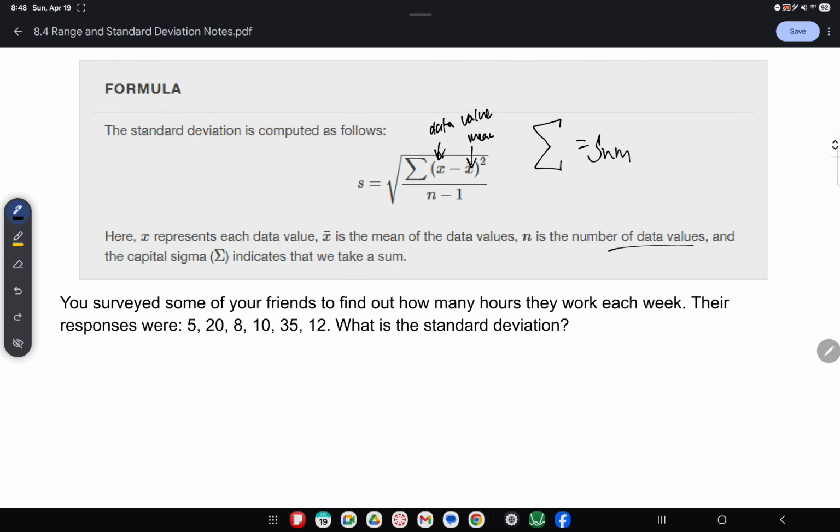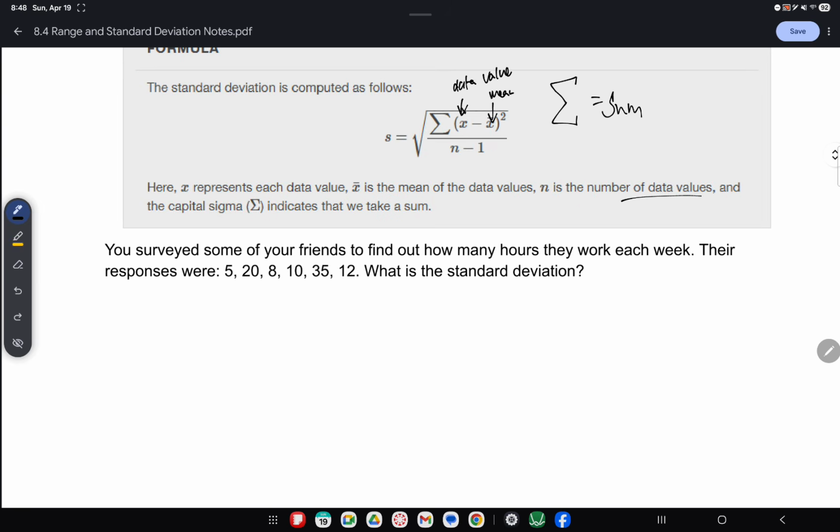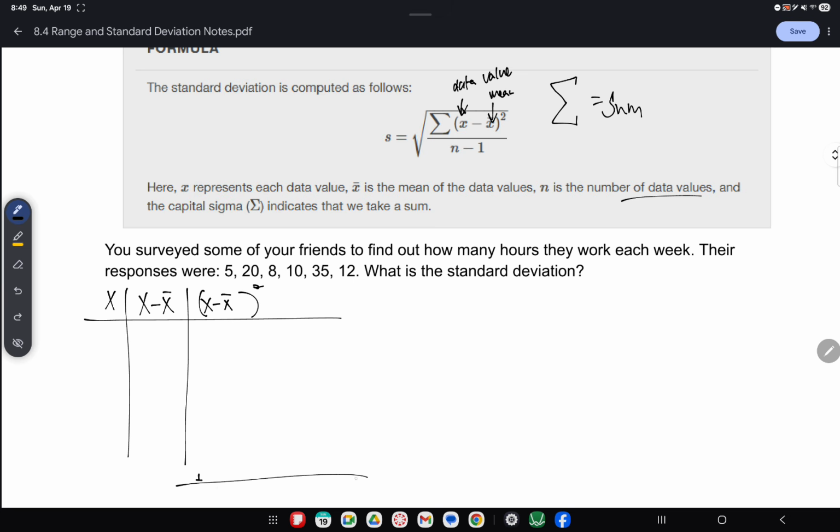Okay? So, for the fun of it, let's do this formula. We want to have our data value, find our data value minus our mean, and then square it. Then I will add all those numbers up at the end.